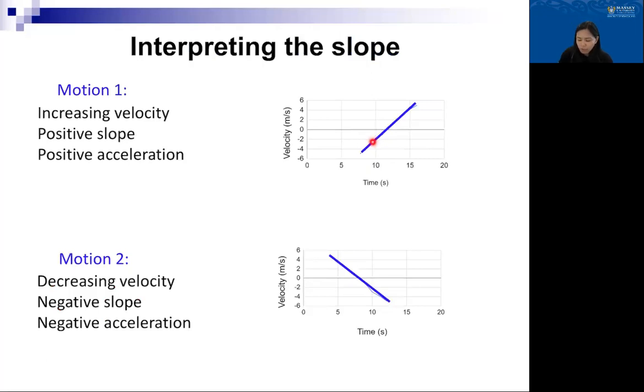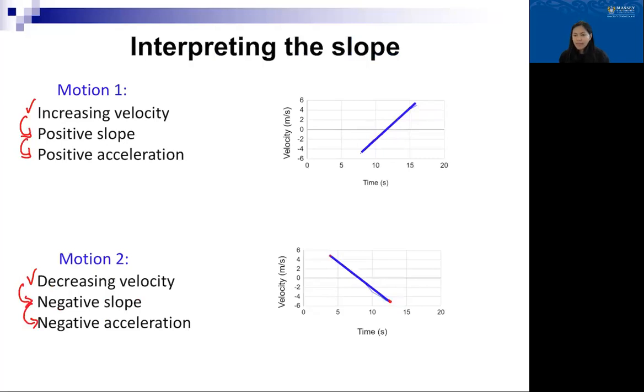If your velocity time graph is going upwards, that means your velocity is increasing, and that will give you a positive slope. Positive slope will therefore give you a positive acceleration because slope is equal to acceleration. And if your graph is going downwards, that will give you a decreasing velocity, which means a negative slope because your final velocity will be smaller than your initial velocity and you're subtracting those two. And a negative slope will give you a negative acceleration.